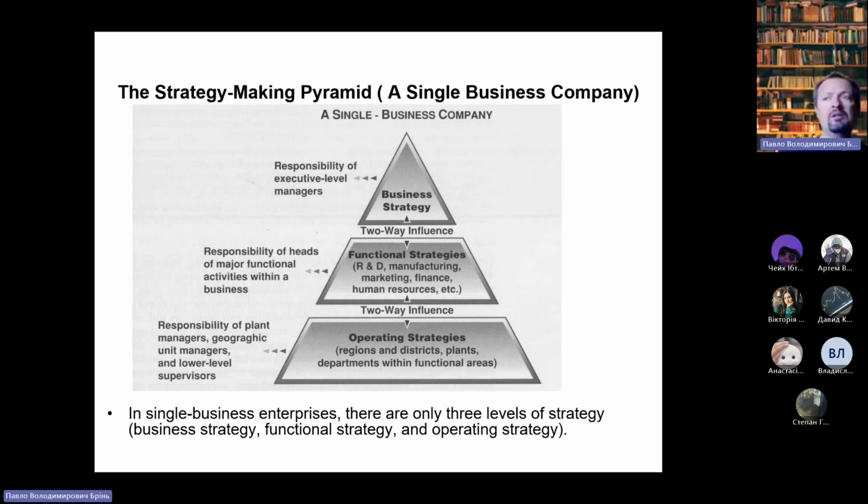For example, I don't know how it is now, but before the war in Kharkiv, we had the Kharkiv Turbina factory, Turboatom, and it is a very big, I would say even huge, single business company.